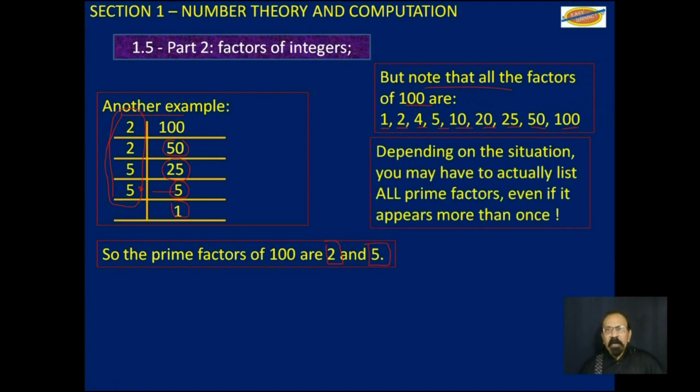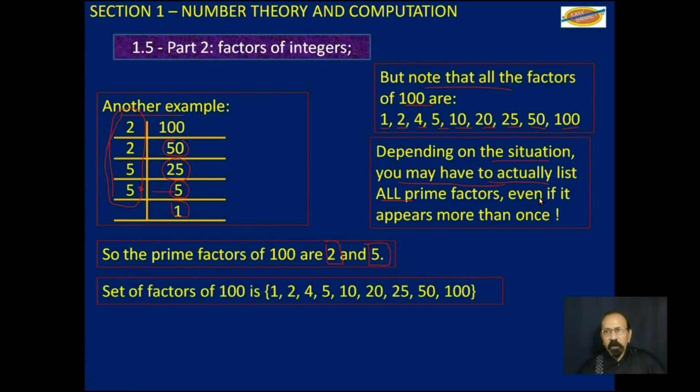As I said, depending on the situation, you may have to actually list all the prime factors, like 2 and 2 and 5 and 5, depending on what you are doing. So the set of factors of 100, all factors of 100, would be this. The set of prime factors of 100 would be that, 2 and 5.